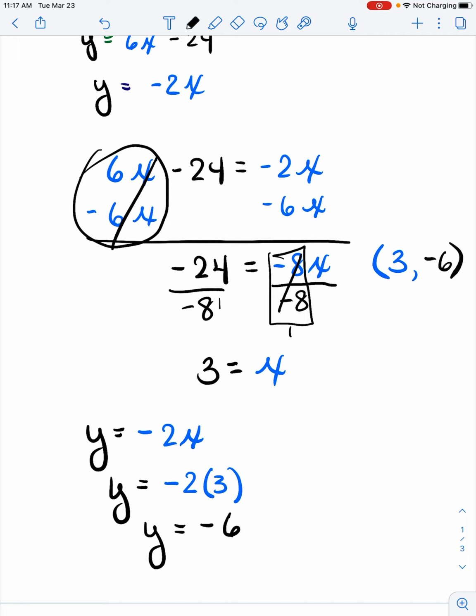So my solution to this equation should be 3 for x and negative 6 for y.